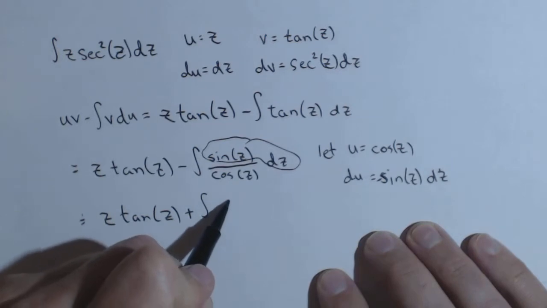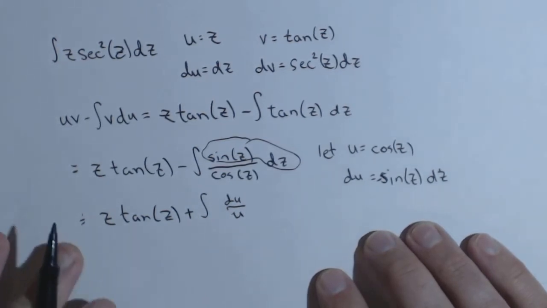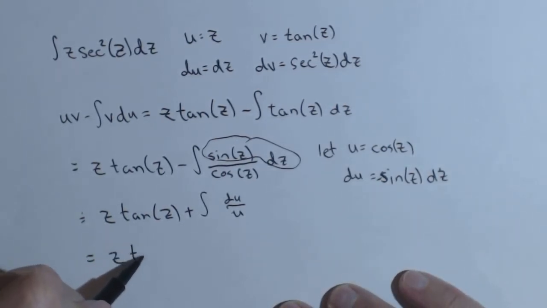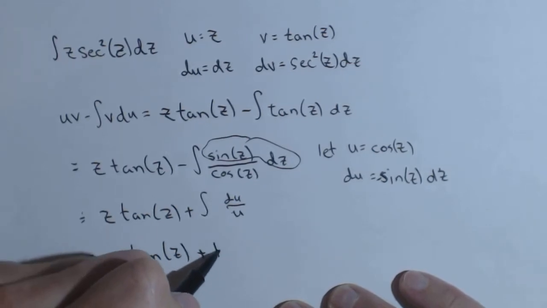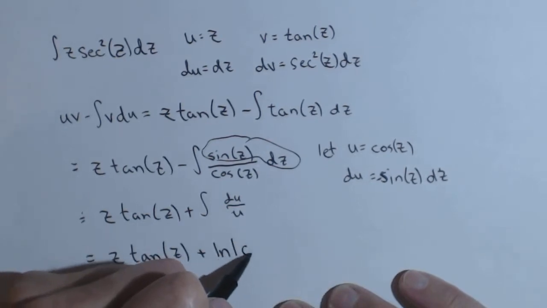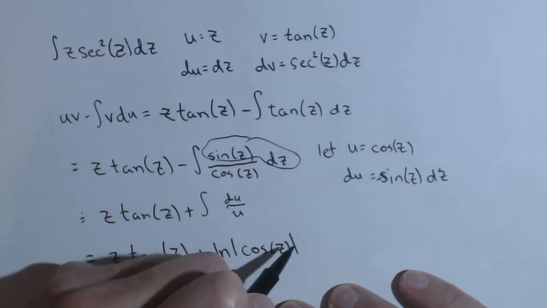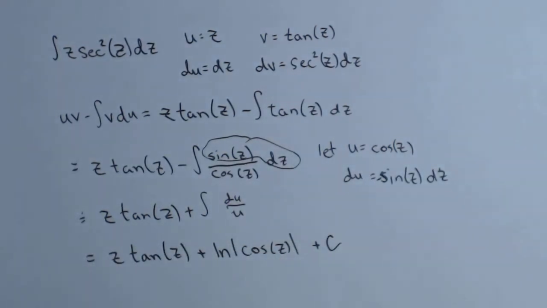And then we end up with du over u, which the antiderivative of that is natural log. So we have z tangent of z plus natural log of the absolute value of u, but it's cosine of z. So I skipped a step in there, plus c, and there is our antiderivative.